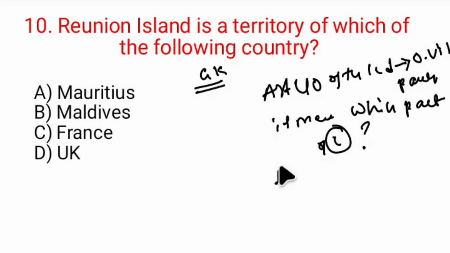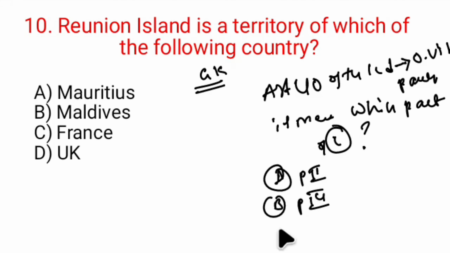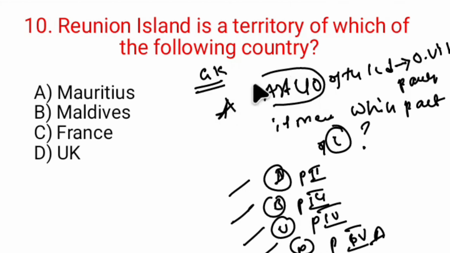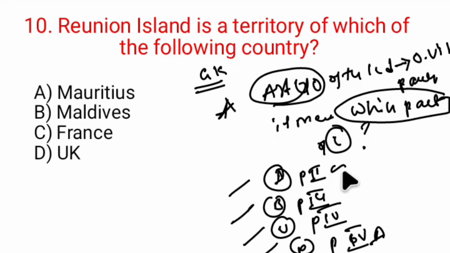The options were part 2, part 3, option C part 4, option D part 4A. So you have to mention which is the right option. I'm reading the question again: Article 40 of the Constitution is mentioned in which part of the Indian Constitution? Here you have options: part 2, part 3, part 4, and part 4A.